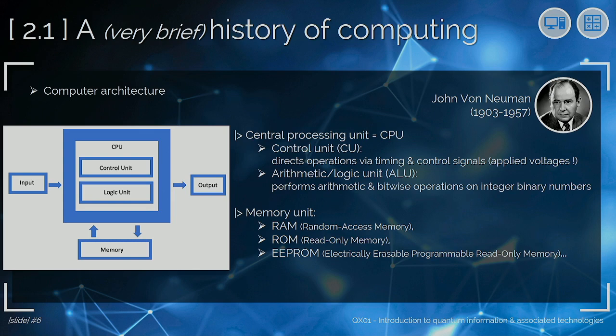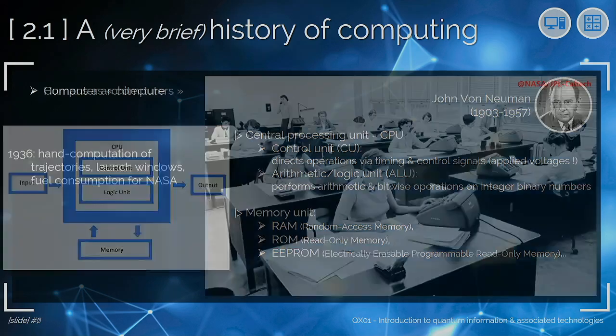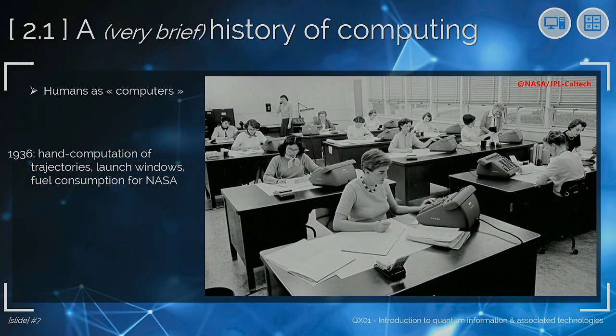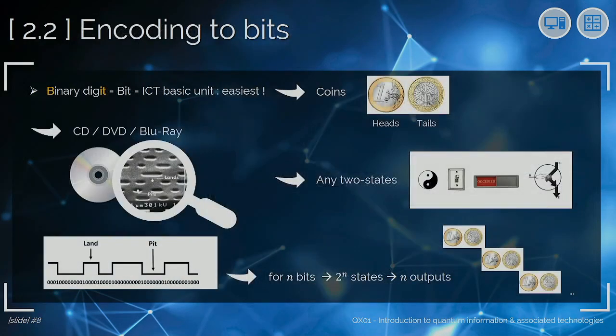So this one is an old motherboard, but if you look carefully, you will be able to find all these components that we went through with the CPU, memory, inputs, outputs, and so on and so forth. So we moved on from hand computation some time ago to what we have these days.